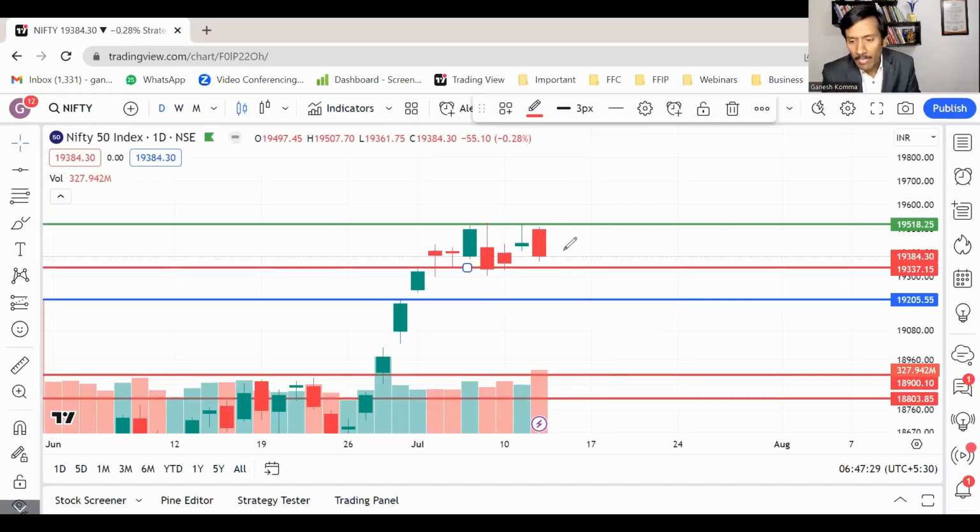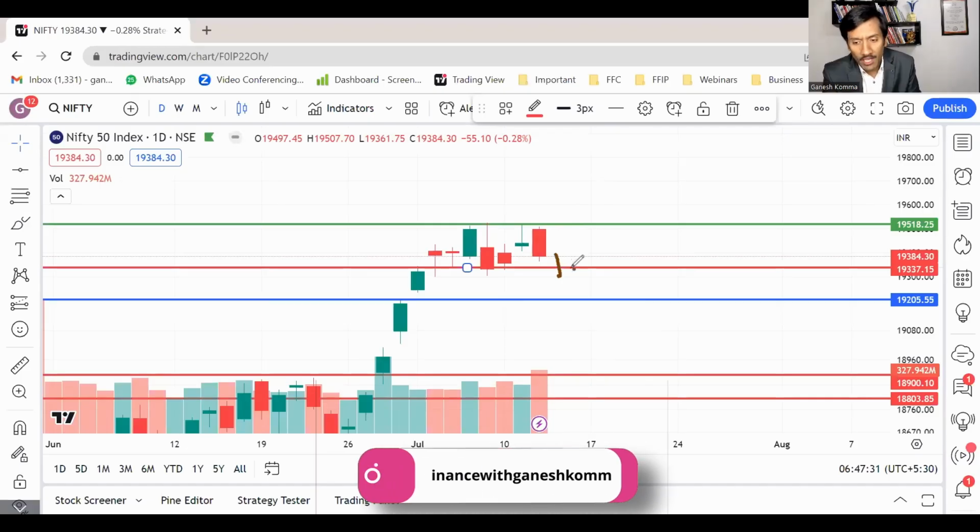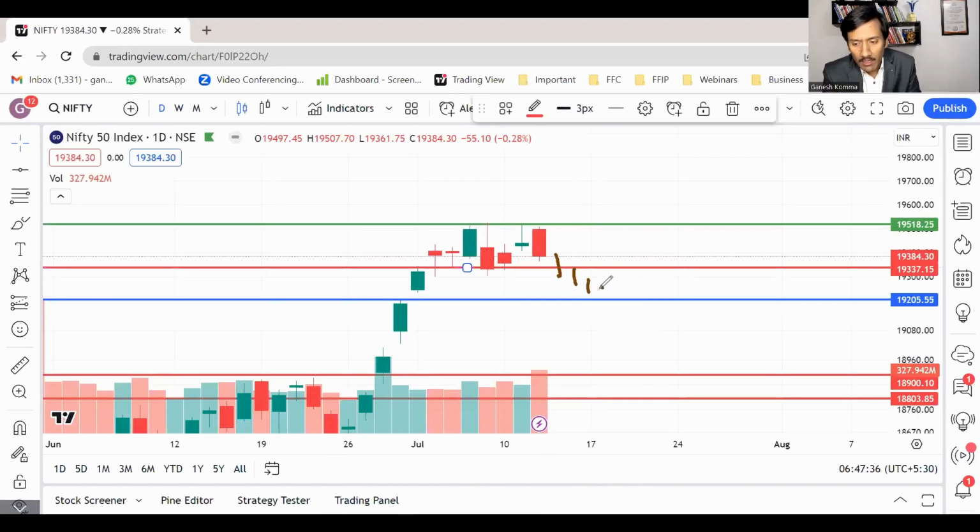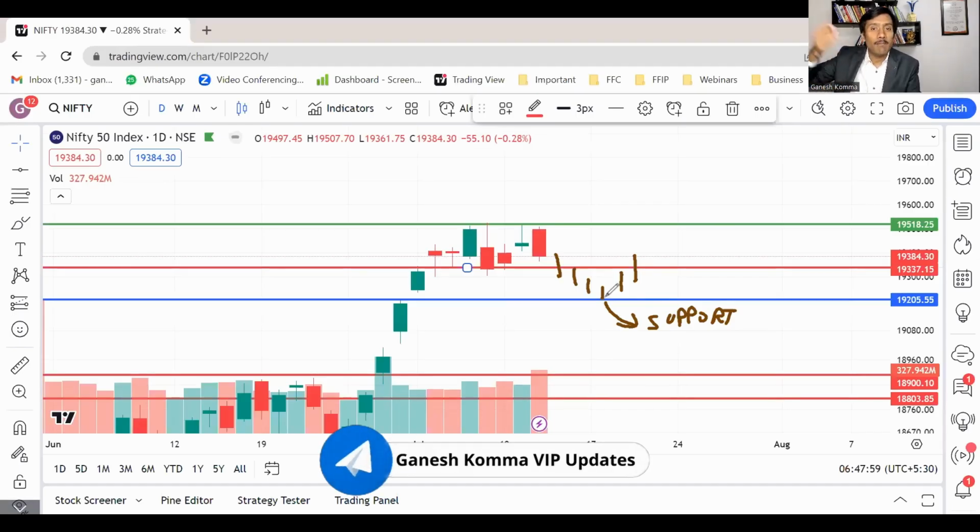Now let's say Nifty is falling, just for assumption, and when it touches 19,205 it rises back again. So Nifty was able to sustain the support level and the buyers are there, as the stock is advancing up. This is a good indication. You infer that buyers are dominating the sellers, taking the price back up.